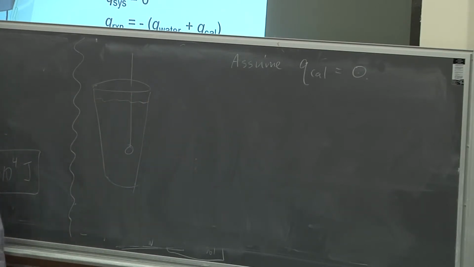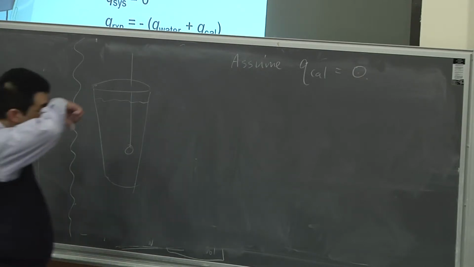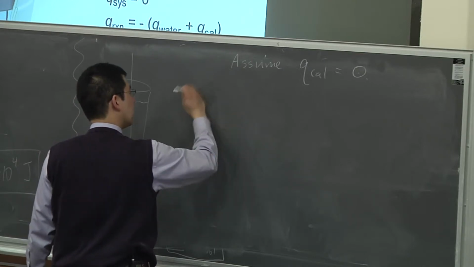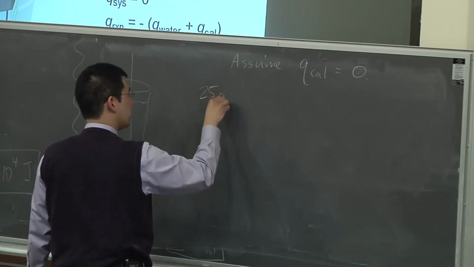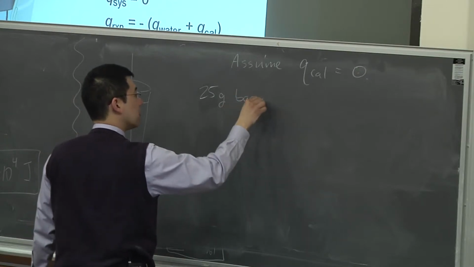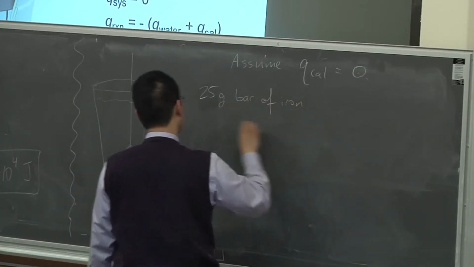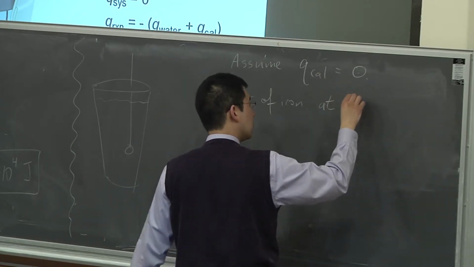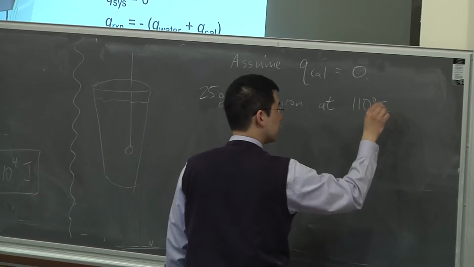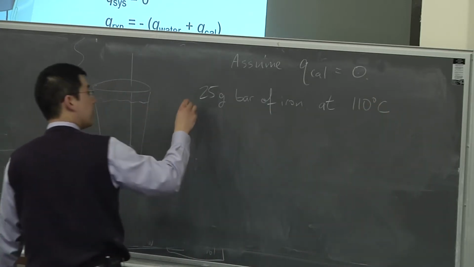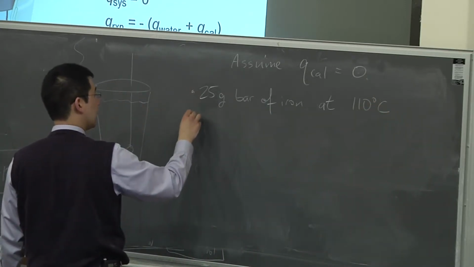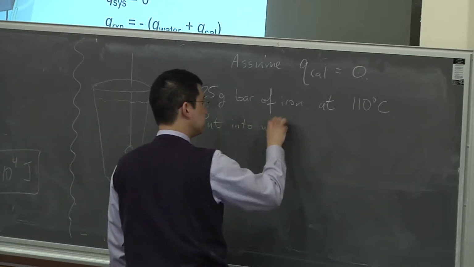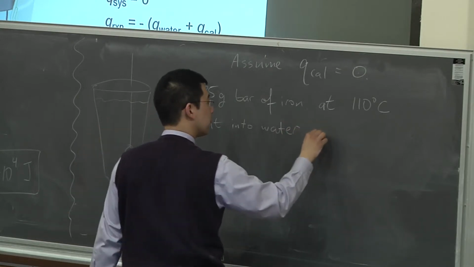The bar of iron is not going to be quite so big, but let's say it's a 25-gram bar of iron at 110 degrees Celsius. And then you put it into the water in the calorimeter.